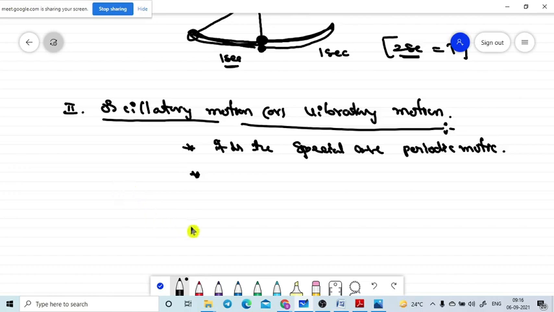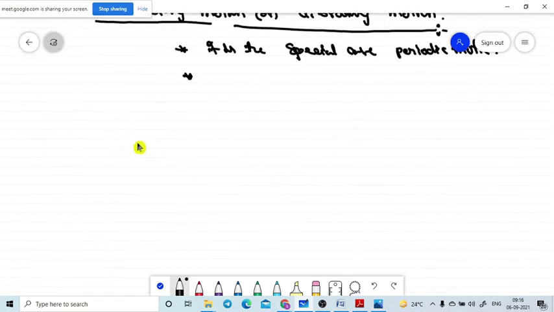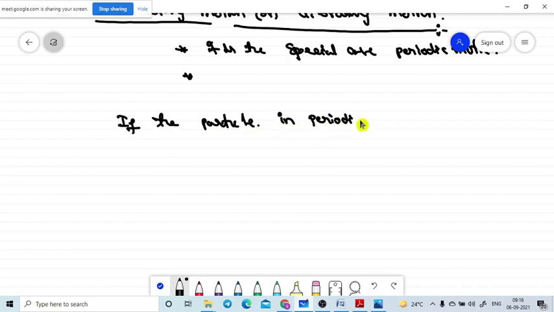Let me take the definition of oscillatory motion. If the particle in periodic motion moves to and fro, to and fro means it is moving front and back.